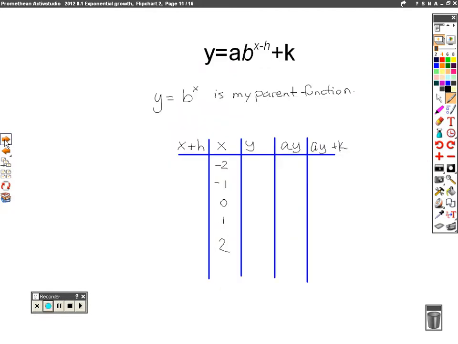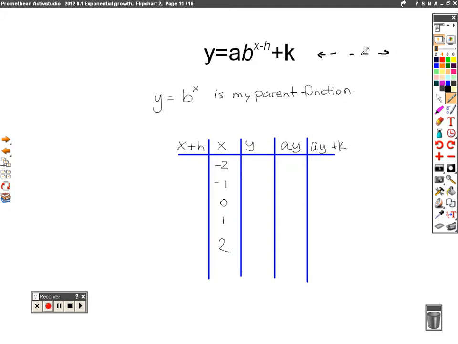So I want you to keep in mind, if you haven't gotten this down, this is the same exact process. We're multiplying our stretch or compress to our y values because the stretch affects the y values, and then k is going to affect our asymptote.